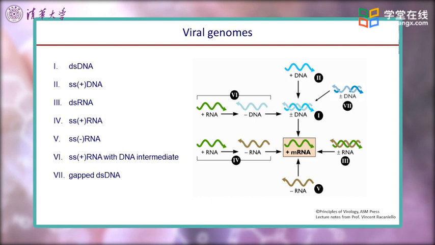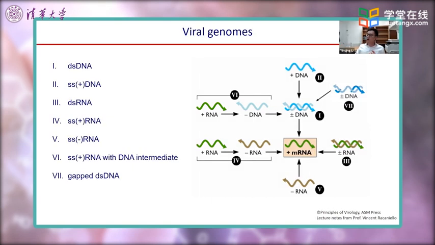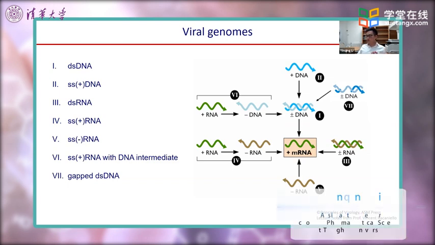The viral genomes, or the complete genetic material, can be one of 7 different forms, depending on whether it's made of DNA or RNA, whether it's single strand or double strand, and when it's single strand, whether it encodes the same sequence or the complementary sequence compared to the mRNA, which is the RNA used to produce the viral proteins.